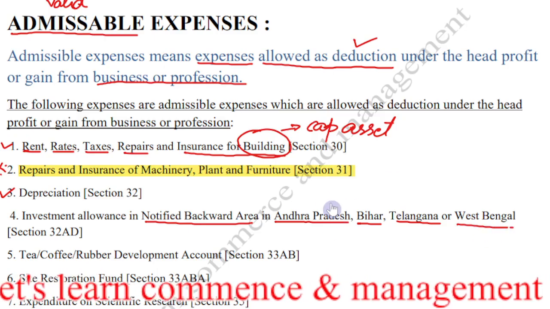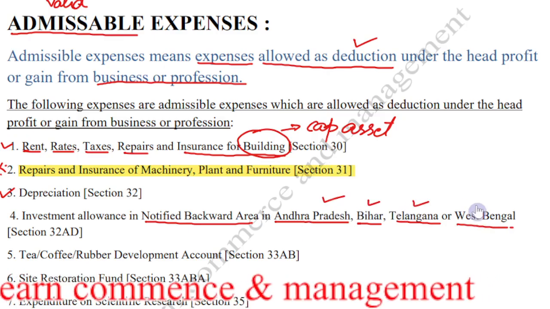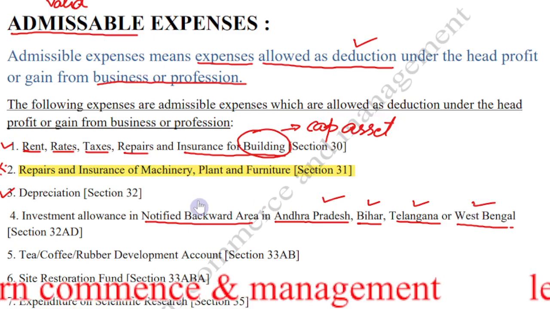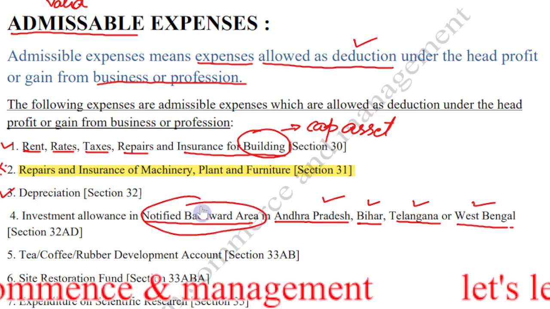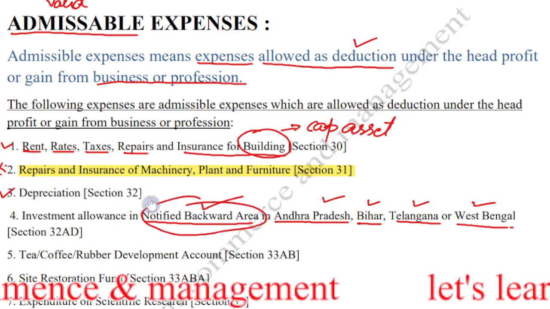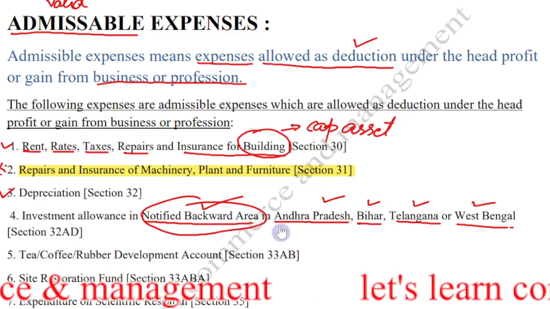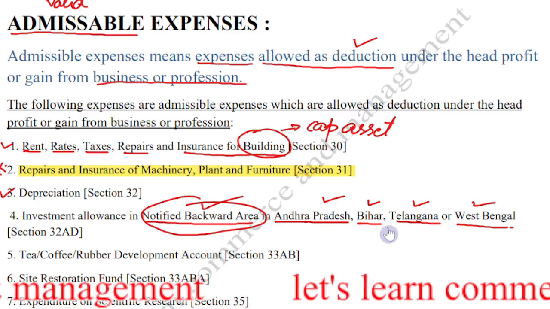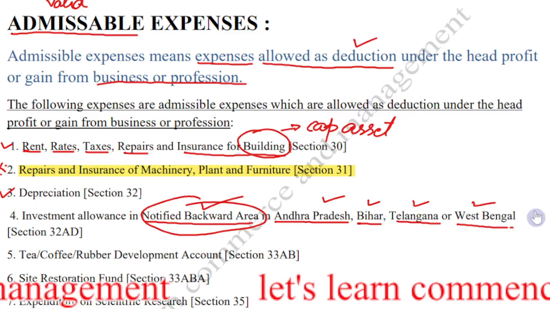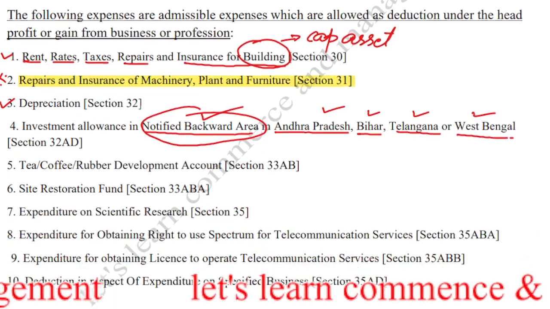Only the notified backward areas. If any investment allowance is made towards a notified backward area in the state of Andhra Pradesh, Bihar, Telangana or West Bengal, only these expenses will be allowed as deduction.